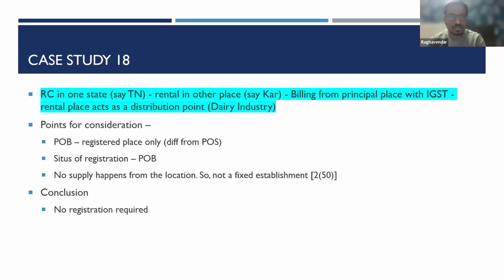Similar point on this. A person has a registration in Tamil Nadu. He has a temporary rental place, which acts like a common place where they pool to distribute the goods. It is common in the dairy industry. It's an actual case. A person registered in Tamil Nadu, dairy manufacturing, everything happens in Tamil Nadu.